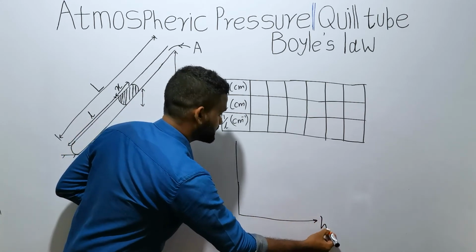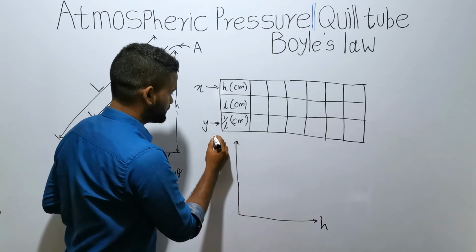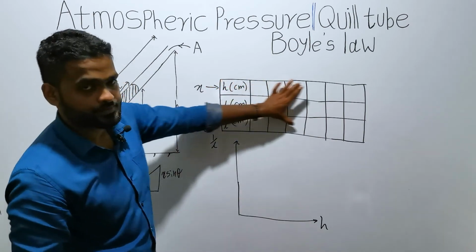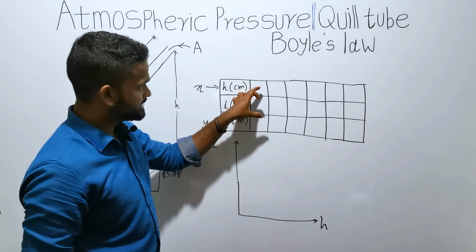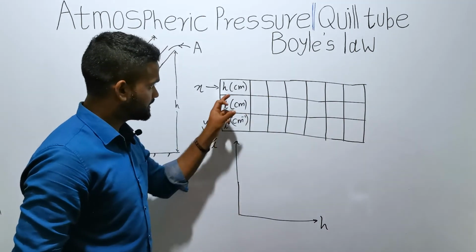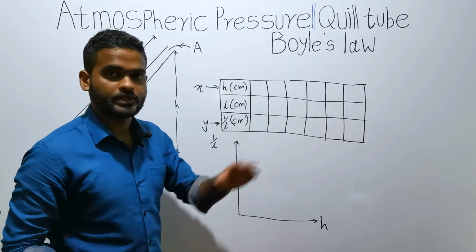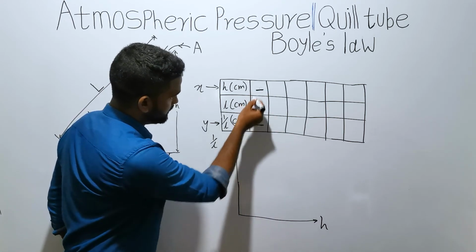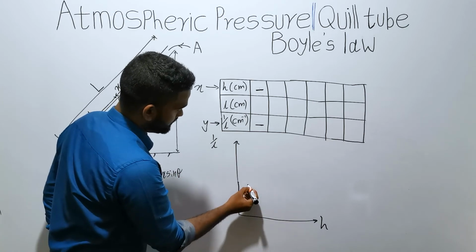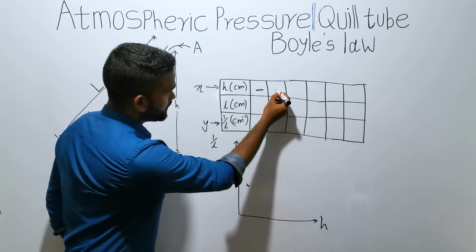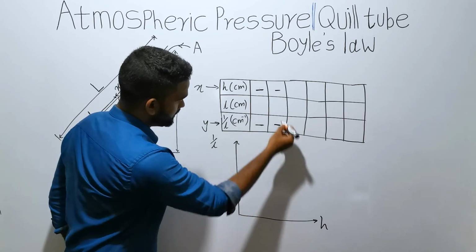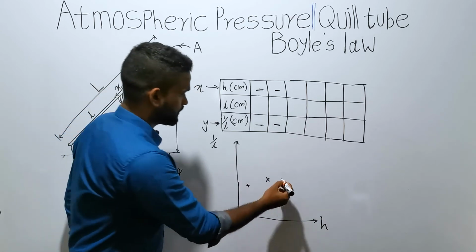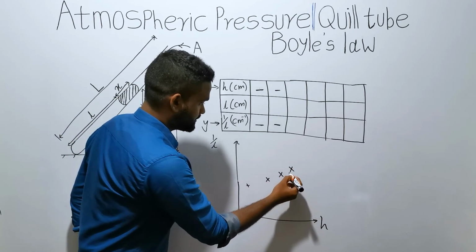So x term, that is simple h, and y term, that is 1 over L. So using these two rows, you can get 6 xy coordinates in order to draw the graph. So if we consider the first two values, that can be somewhere here. And the other pairs should give coordinates like this. And there should be 6 coordinates.